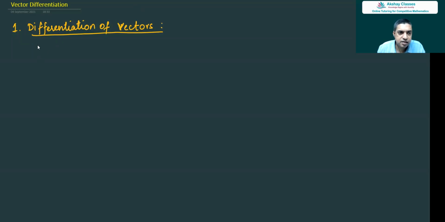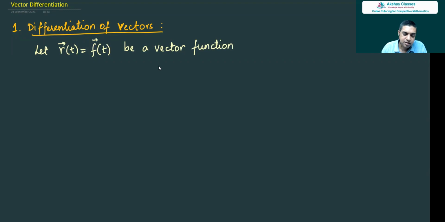So let R bar, which is a function of a variable t, be a vector function. That means as t changes, the value of the vector and even the direction can change.